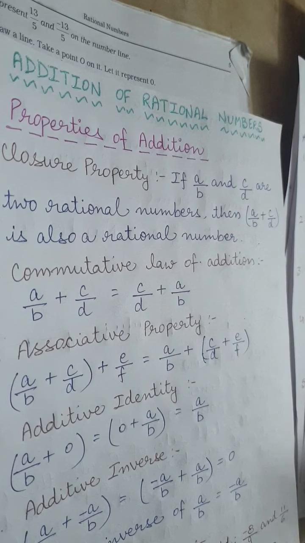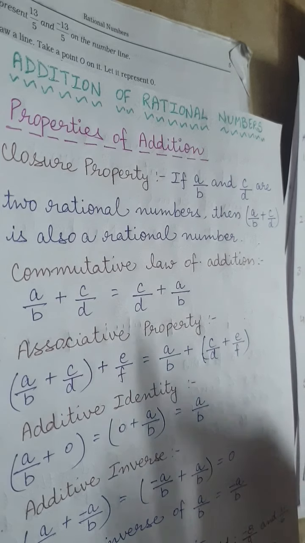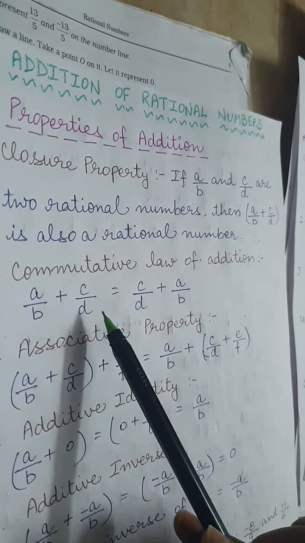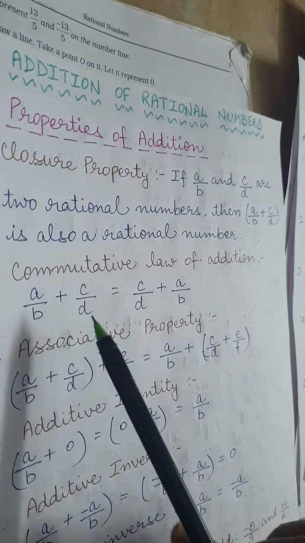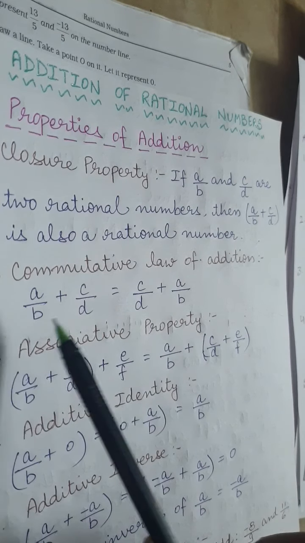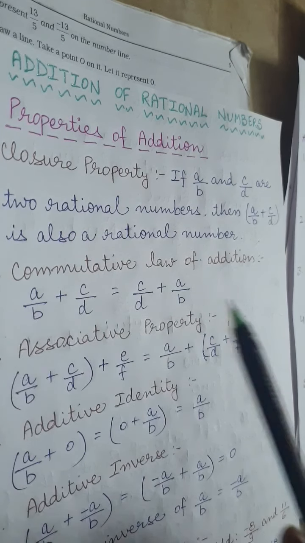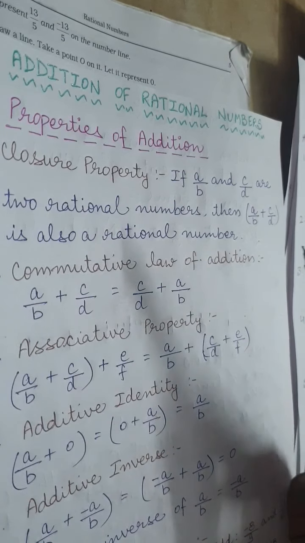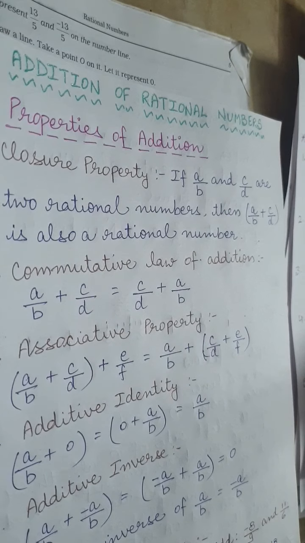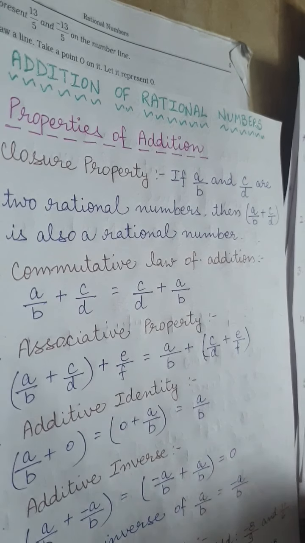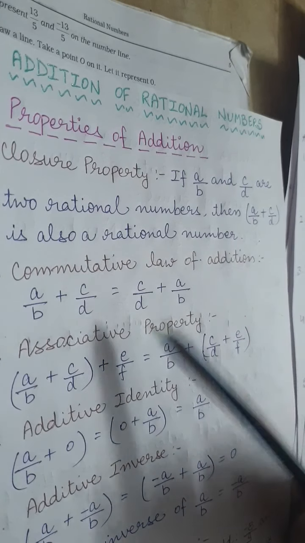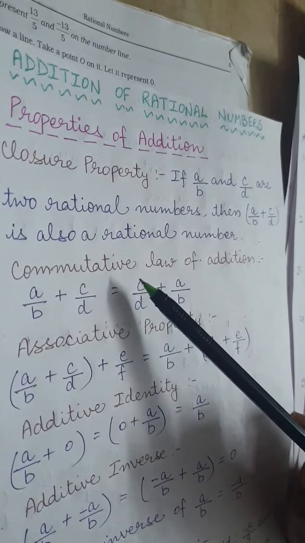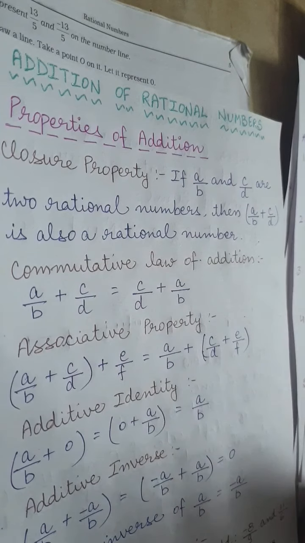Obviously no. In the same way, there is no change in the answer. If we add one number first and another later, it will have no effect. The answer will always be the same. And this property is called the commutative property.